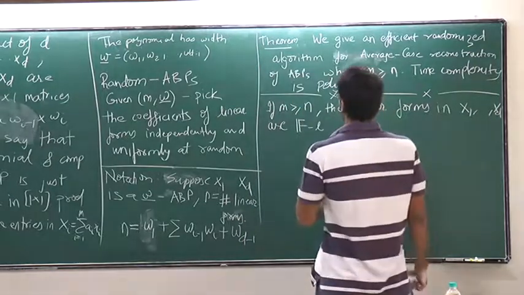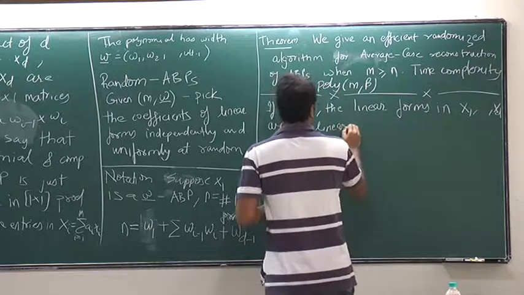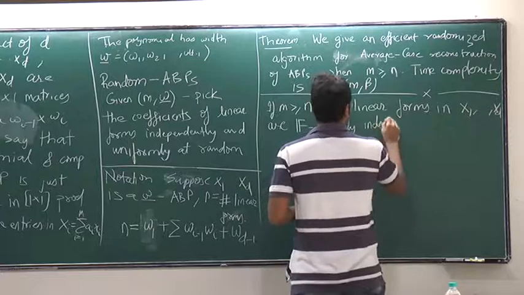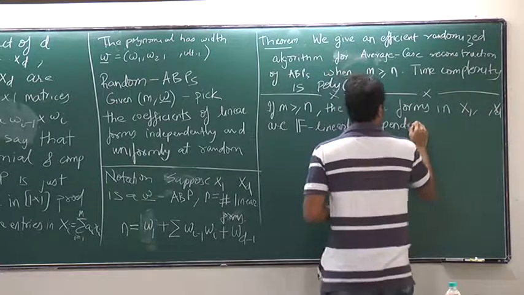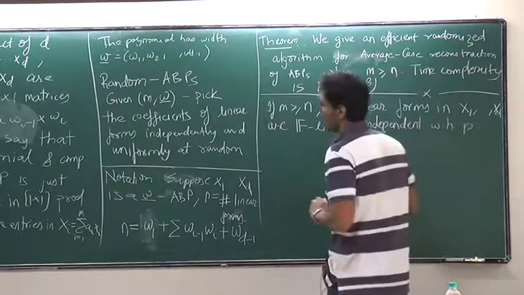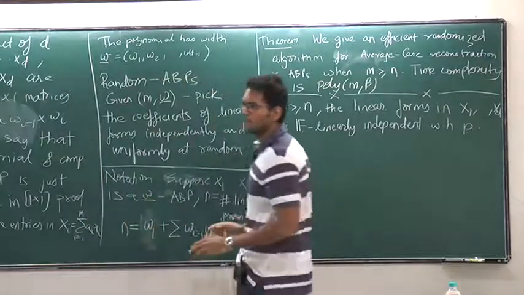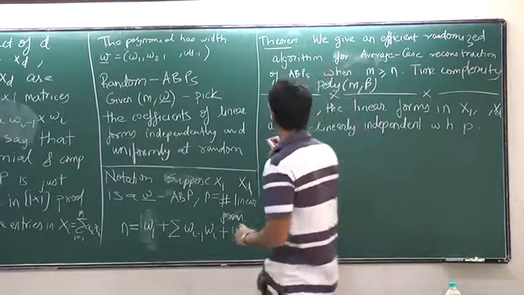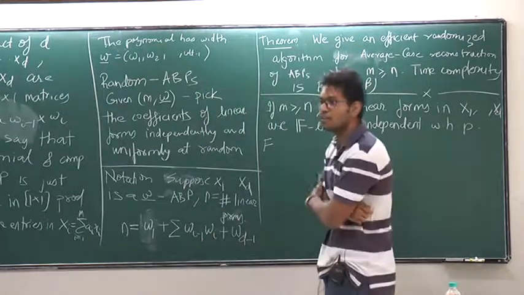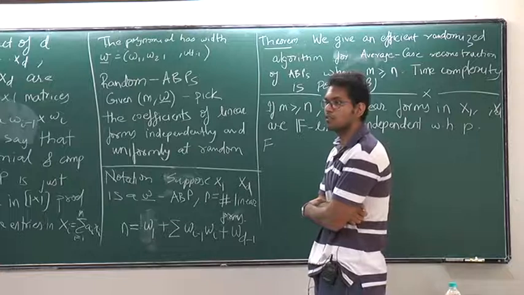The linear forms in x1 to xd are F-linearly independent with high probability. And this sort of motivates the model of full rank ABPs. So full rank ABPs are simply where... the linear forms could be coming from an infinite sample space.